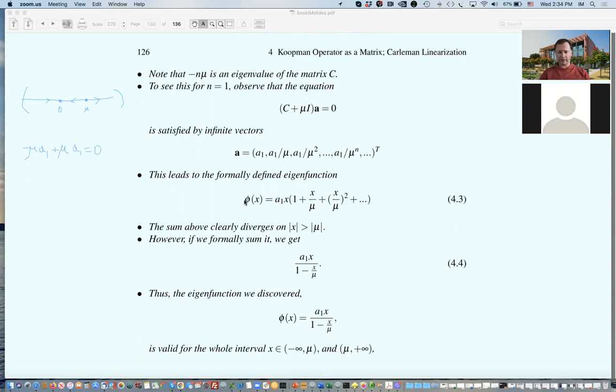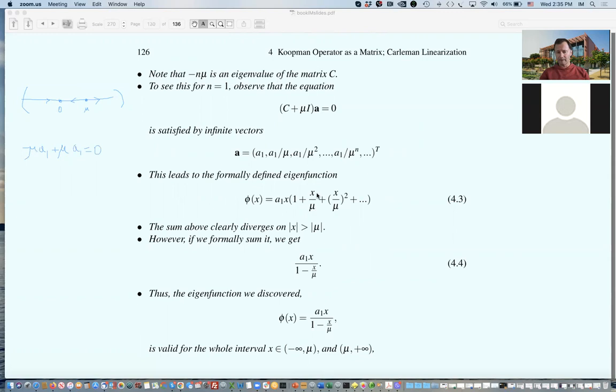We'll verify that independently. But let's for a moment concentrate on the fact that if x over mu is smaller than 1, then this seems perfectly fine. This is a geometric series, and so I can definitely sum this up, even if it goes to infinity.